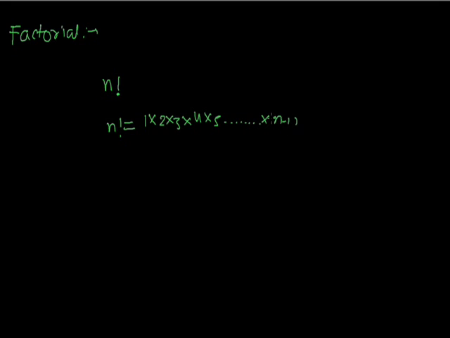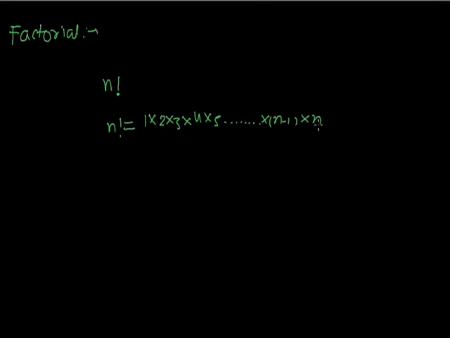Now first of all, we discuss the factorial. What is factorial? The product of first n natural numbers is called n factorial, and it is denoted by n factorial. If you want to find n factorial, then it is equal to 1 into 2 into 3 into 4 into 5 up to n.